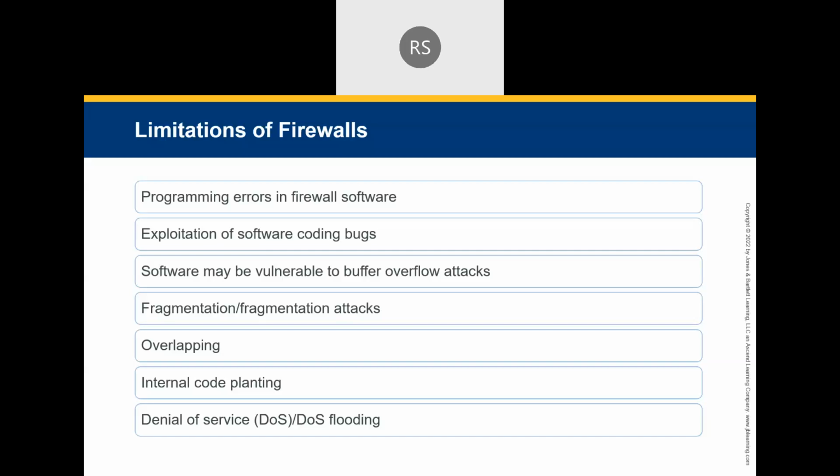So some things that you want to keep in mind to help limit the firewall limitations. You want to have regular updates. You want to keep your firewall software up to date with the latest security patches and updates. You want to conduct regular security audits. This includes vulnerability assessment and penetration testing. And this is to identify and address any potential weakness.